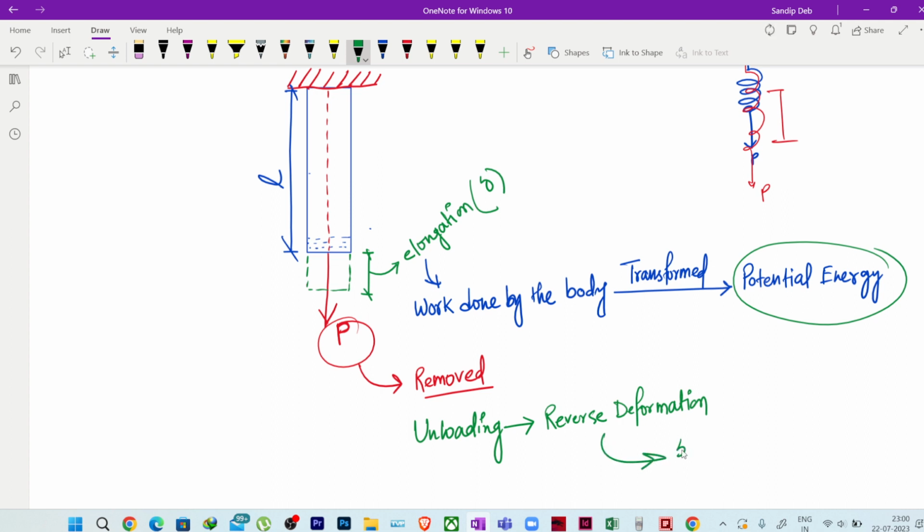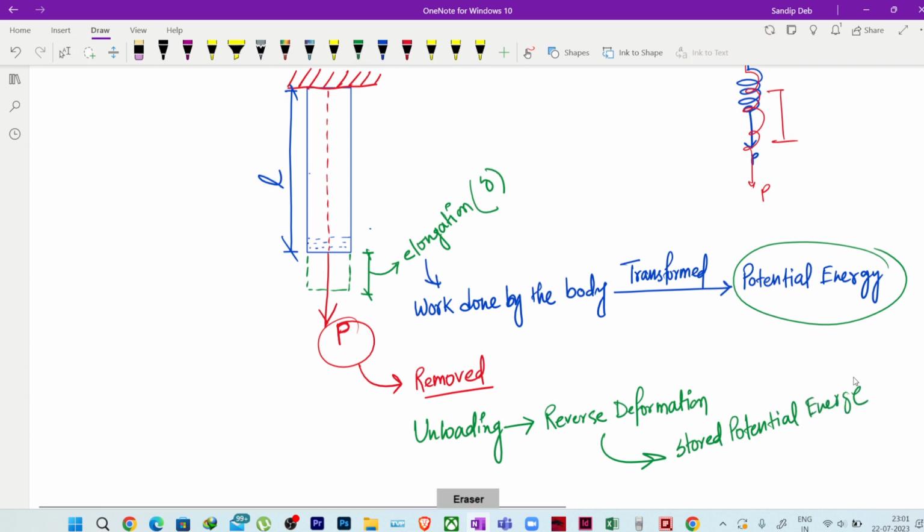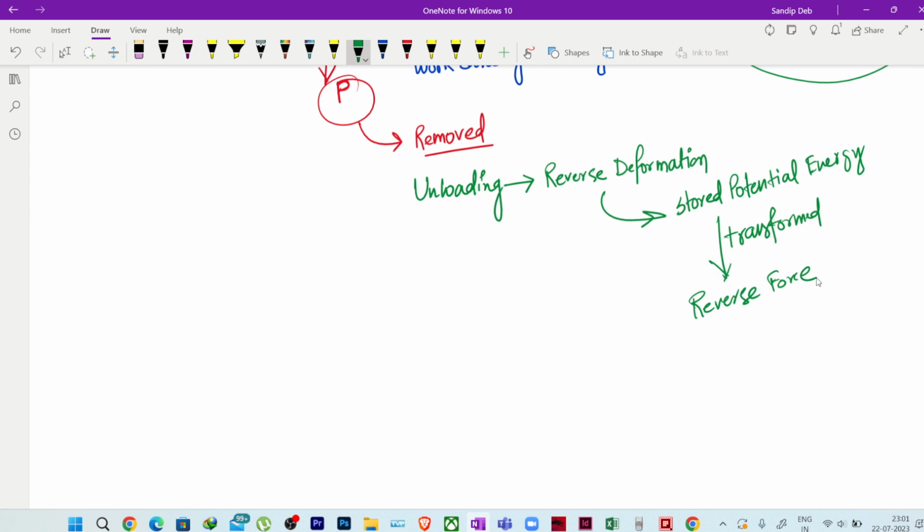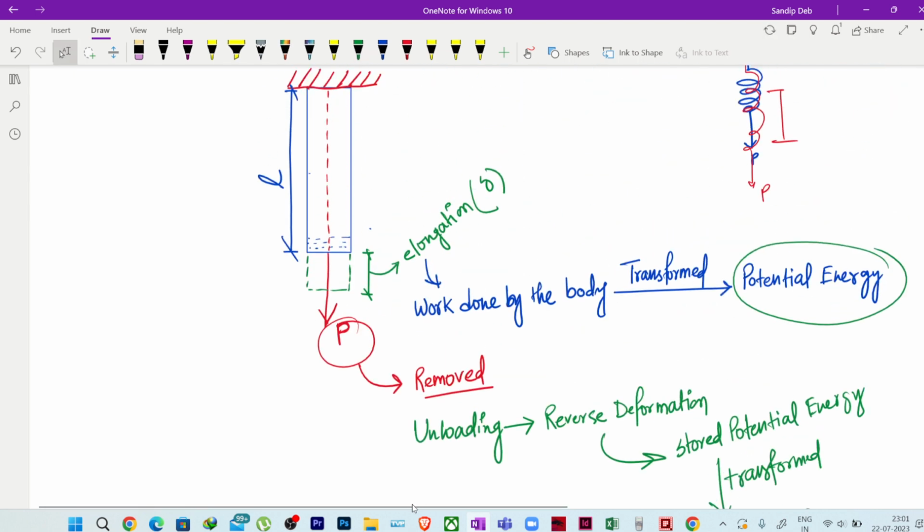Because the stored potential energy will be transformed to a reverse force, which will let the molecules go back to their previous position, the initial position.